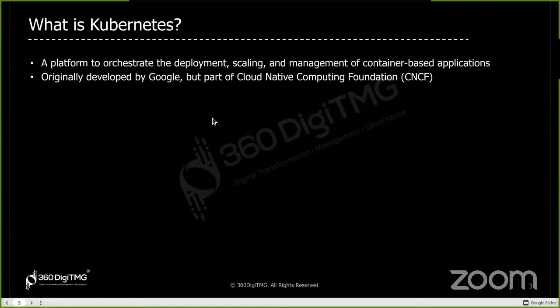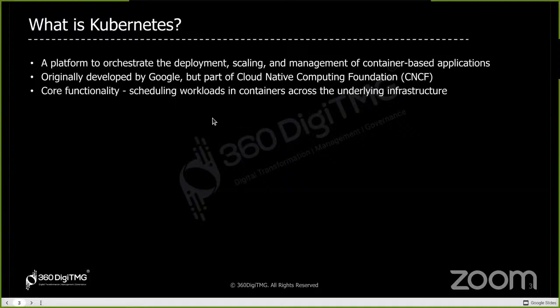Everything on Kubernetes that you will be looking at will be all available as part of our open source platforms. Every single thing that you're looking at is going to be open source. Okay, so the core functionalities are things like scheduling workloads in containers across our underlying infrastructure.